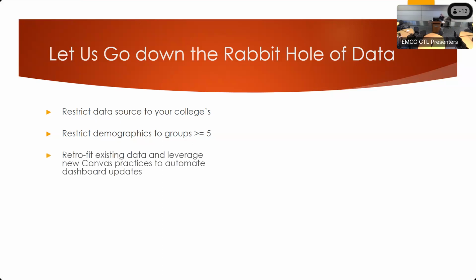Now, the key thing is we have to make sure that you can use new Canvas data effectively. And that gets back to the conversation and the preaching about naming, starting with an ILO, PLO, CLO, et cetera. But you're going to have to do some retrofitting as well. And that's probably the most mundane thing I'm going to share all day.